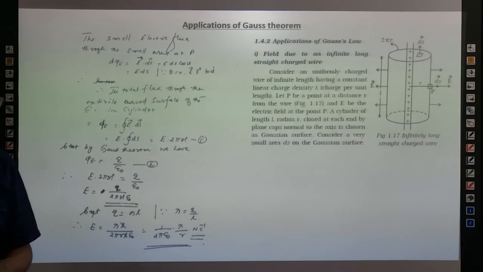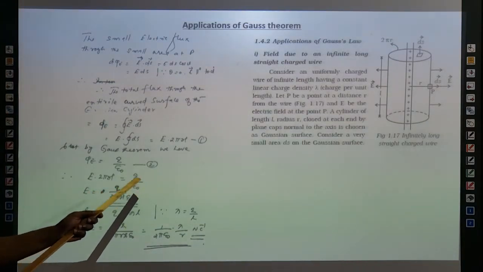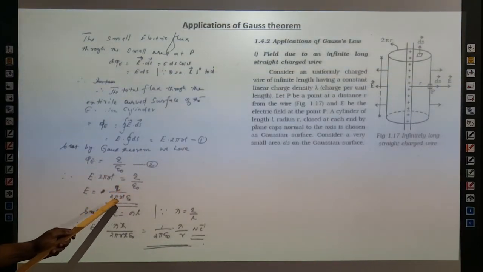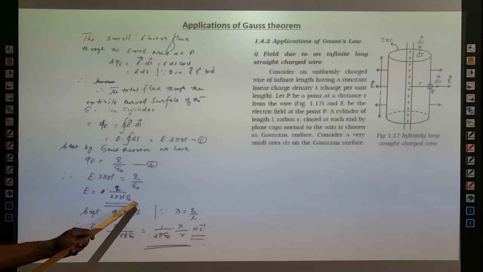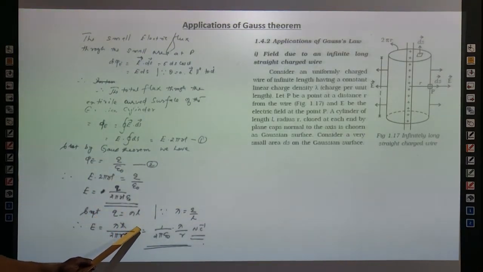Relating these two equations, we can write E into 2 pi R L is equal to Q by epsilon 0. That is, E is equal to Q by 2 pi R L epsilon 0. But Q is equal to lambda L. Hence, E is equal to lambda L divided by 2 pi R epsilon 0.